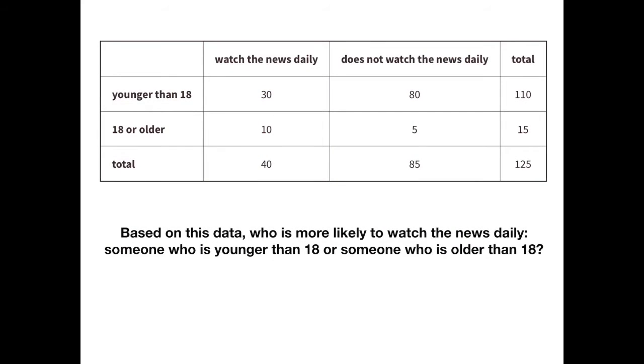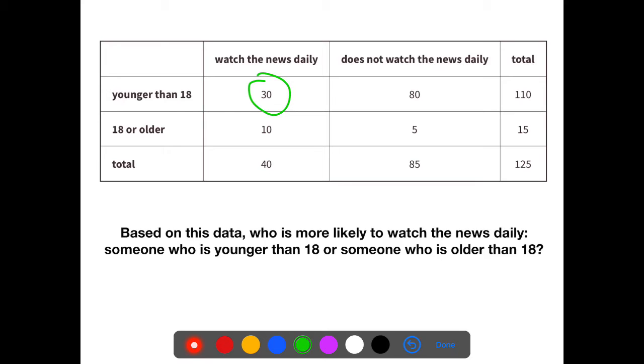Okay, now looking at this table, based on the data, who is more likely to watch the news daily? Someone who is younger than 18 or someone who is older than 18? Well, based on this, there are more younger people who watch the news, which is 30, than older, which is 10.